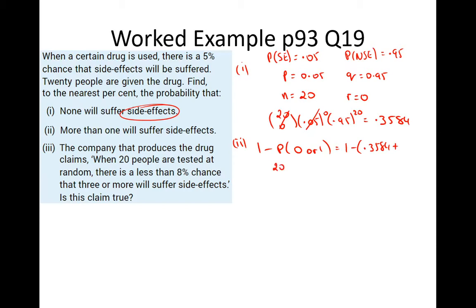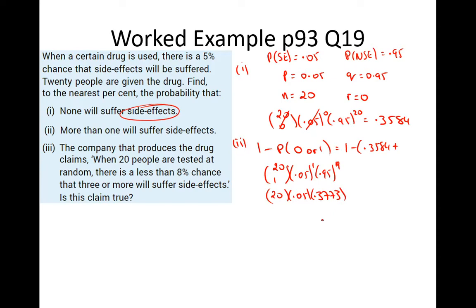So out of 20 patients, 1 success, 1 shows a side effect, in other words. 20C1 times 0.05, which is the probability of success, to the power of 1, by 0.95 to the power of 19. So let's work that out. 20C1 is 20. 0.05 power of 1, 0.05, and 0.95 raised to the power of 19. 0.95 raised to the power of 19 is 0.3773.